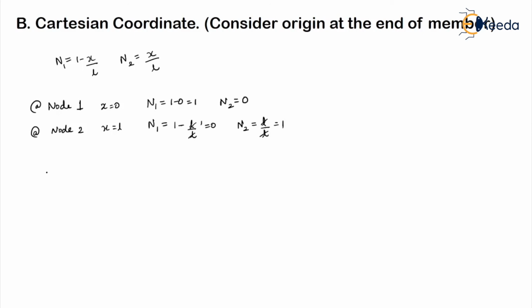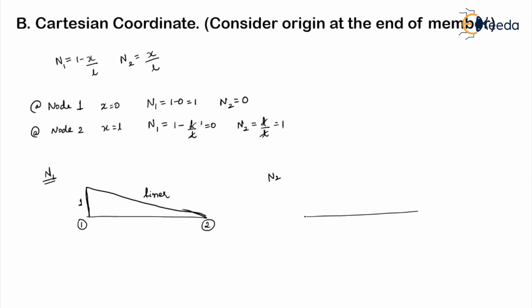Okay. So for N1, how will the diagram come? This is your node 1, this is your node 2. So N1 is 1 and N2 is 0 at node 1, when we are putting x equal to 0. So this is your 1 unit, this is your 0. So you connect like this. Right, this is a linear line. This is for your N1. Similarly, if you do it for N2, what will happen?